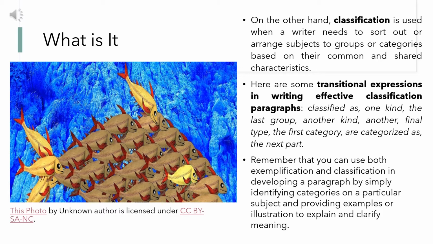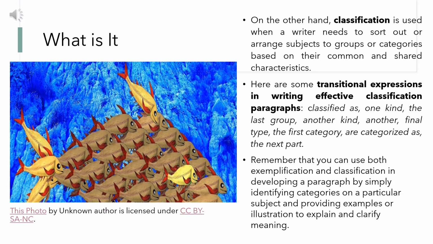So just always study the structure and the context of the paragraph. Then it will tell you what kind of paragraph you are dealing with, aside from knowing the transitional devices present in that paragraph.